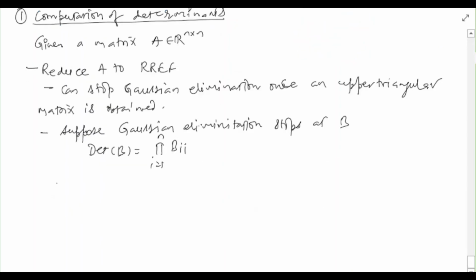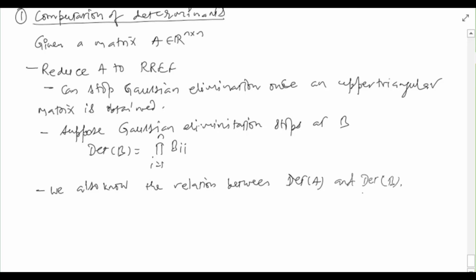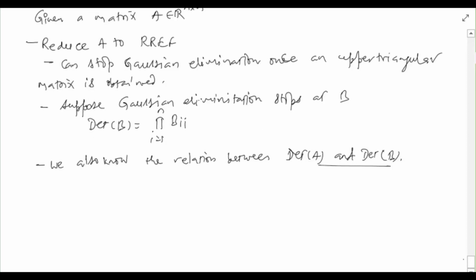Now we also know how the determinant of A is related to determinant of B. We can use this relation to recover determinant of A from determinant of B.